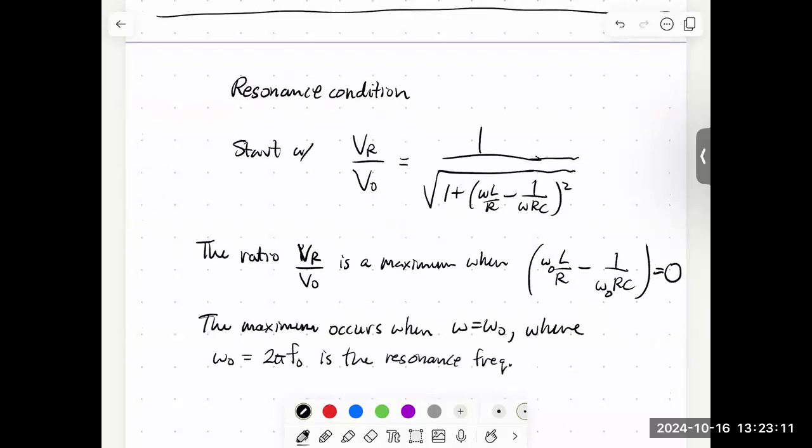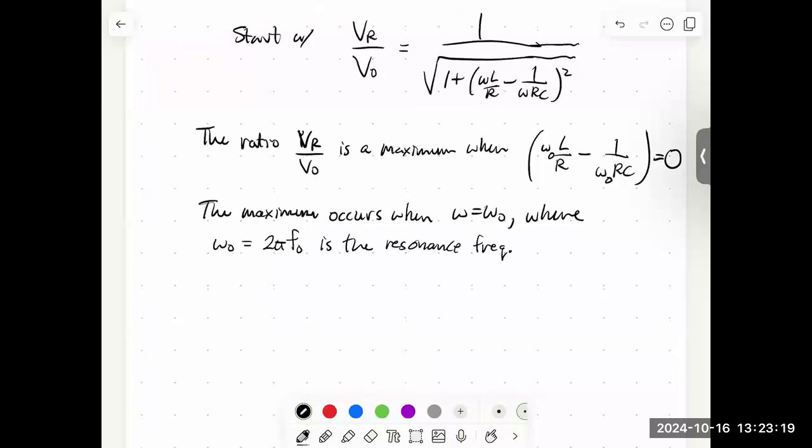So VR over V naught, the largest it can be would be 1. Yep, that's right, we're going to put that on our plot in just a second. Okay, so let's figure out what omega naught is using this condition. We have omega naught L over R minus 1 over omega naught RC is equal to 0. If we solve for omega naught, we can just cancel the R's out.